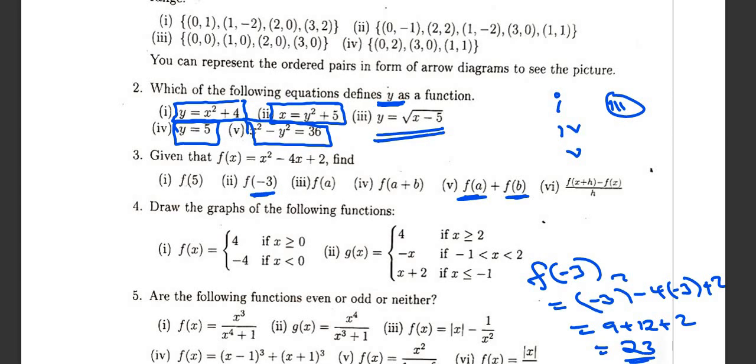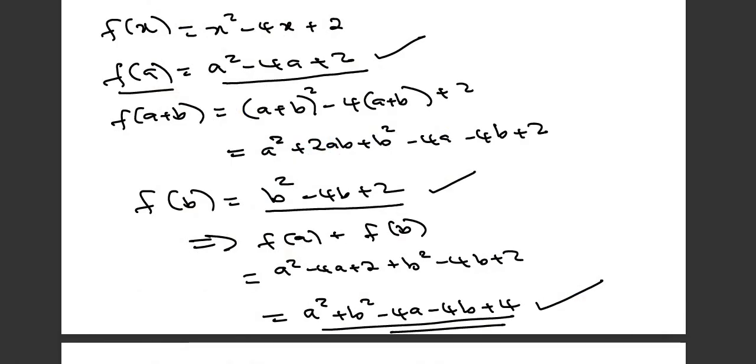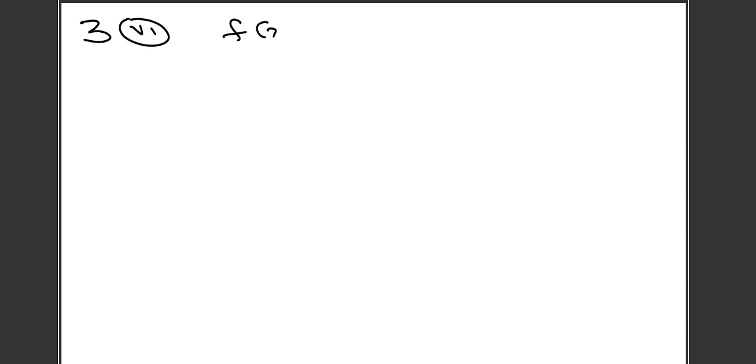Question 3 is also the same, except this is a bit interesting because they want you to get f of x plus h, then minus f of x, then divide your answer by h. So this is what they want us to get, question 3.6: f of x plus h, then minus the original function, then divided by h.